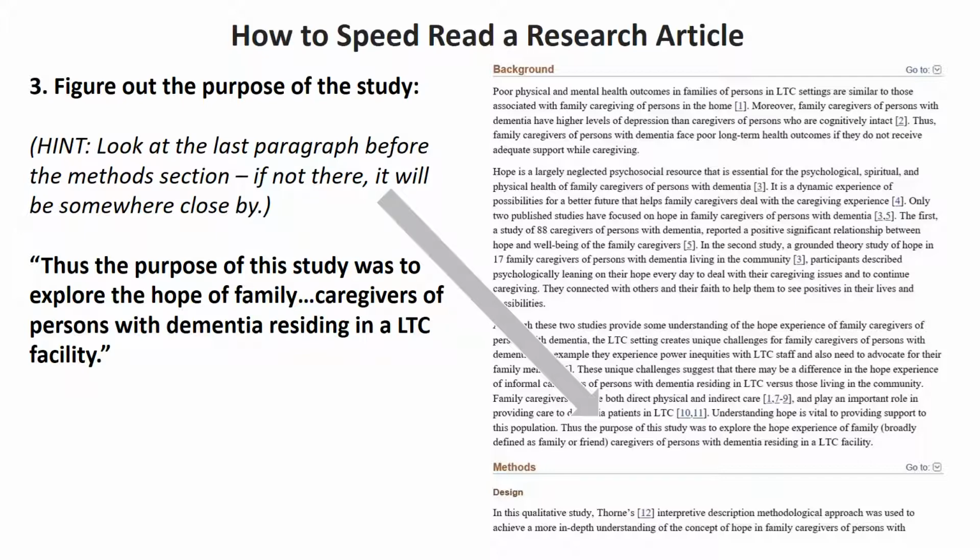You can also see how they defined family, because that's where the ellipses are: they're broadly defining it as family or friend, whoever is the caregiver of the persons with dementia. So that's the purpose, to explore. Remember, that's qualitative, just to get some ideas about hope with caregivers regarding their family member going into a long-term care facility.